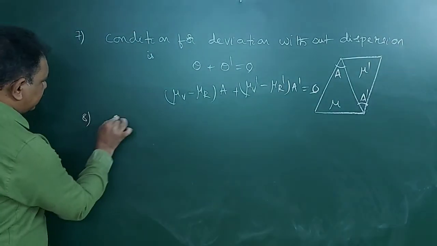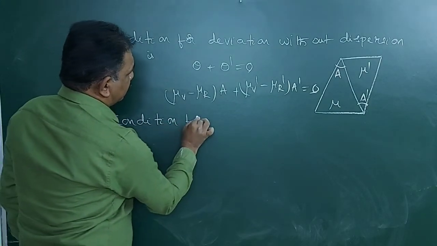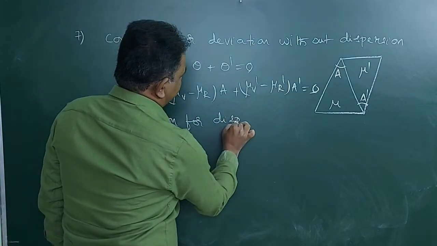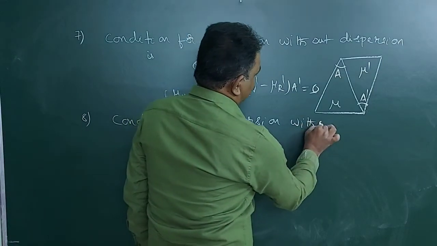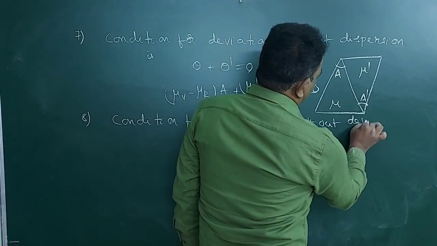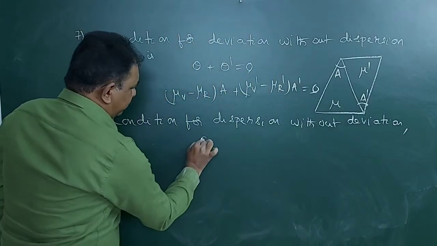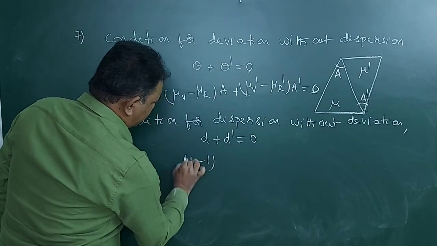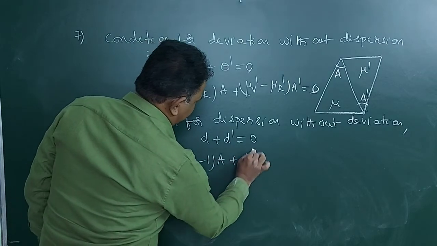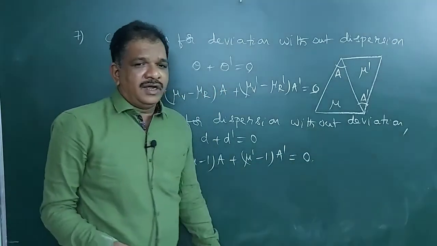Next condition for dispersion without deviation. So d plus d dash is equal to 0, mu minus 1 into A plus mu dash minus 1 into A dash.